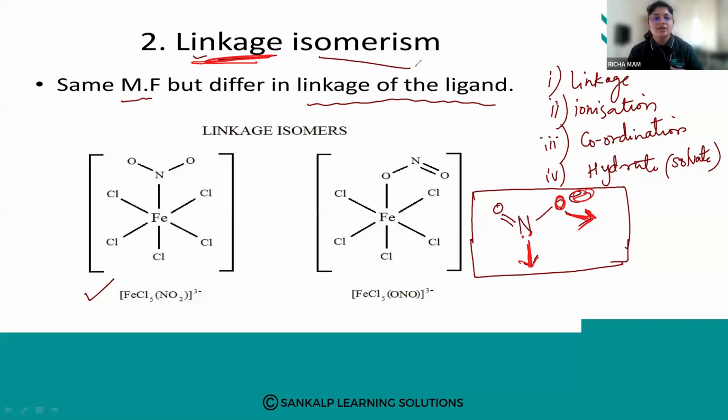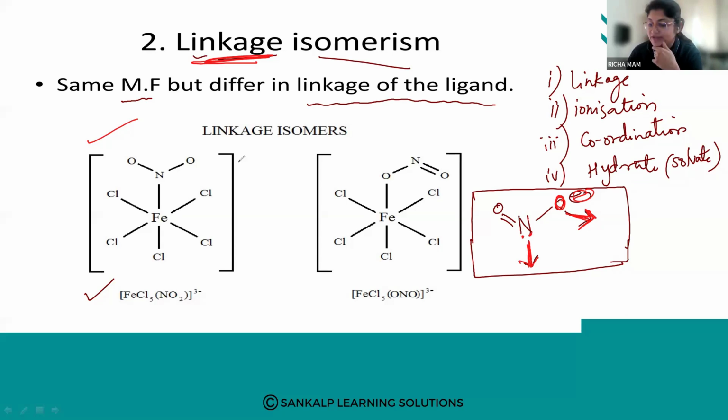So this is the example. Please note down the example for linkage isomerism. Complexes having the same molecular formula but differing in the linkage of ligand or attachment of ligands to the central metal atom or ion are called linkage isomers. Is it clear? So they have the same molecular formula, but the mode of attachment of the ligand to the central metal atom is different.